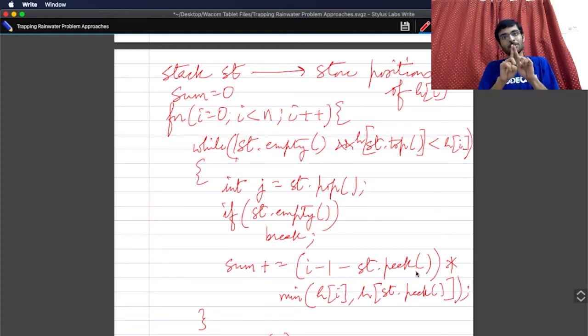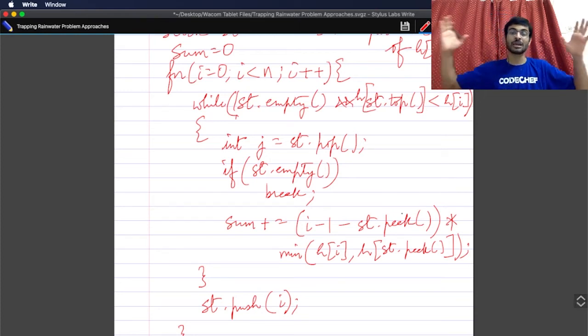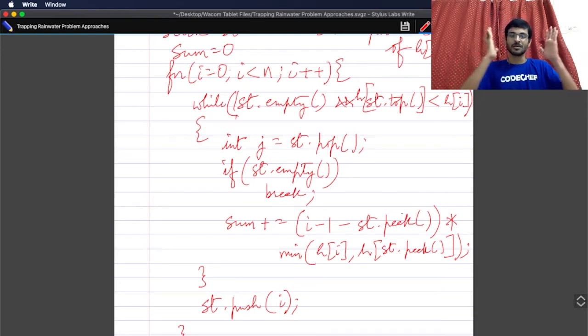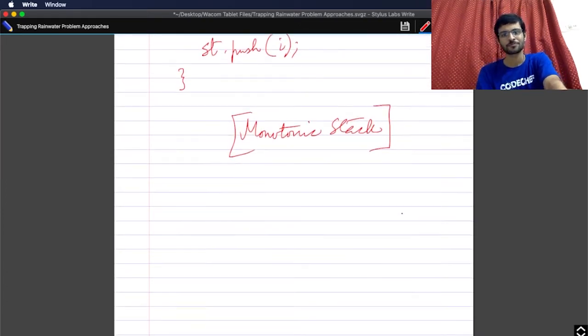I am not worrying only about my own thing or the previous one that I'm popping, but about everything that lies in this particular range. What is the range? i minus 1 and st.peek. I'm worrying about everything in that range, from st.peek plus 1 to i minus 1. That is why I did this minus 1. You can check whether it is matching or not.